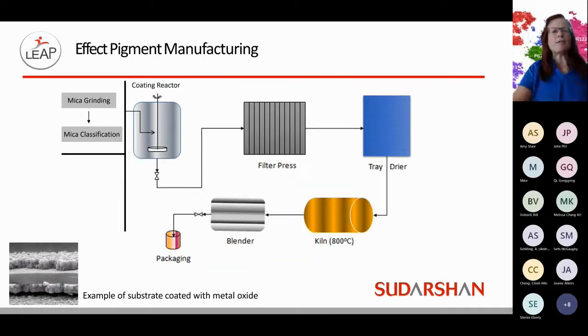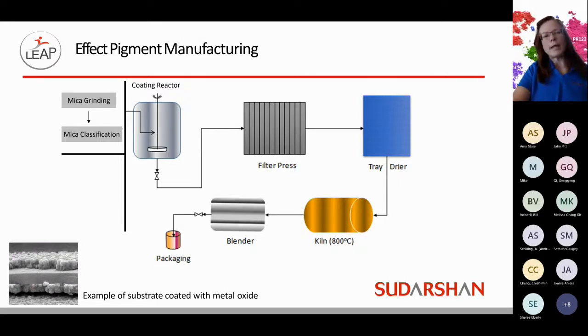So in the full process, the mica comes in its raw form, and it's then ground to the appropriate size, and then further size classified to the appropriate size, average size, and size distribution that's required for that particular product.